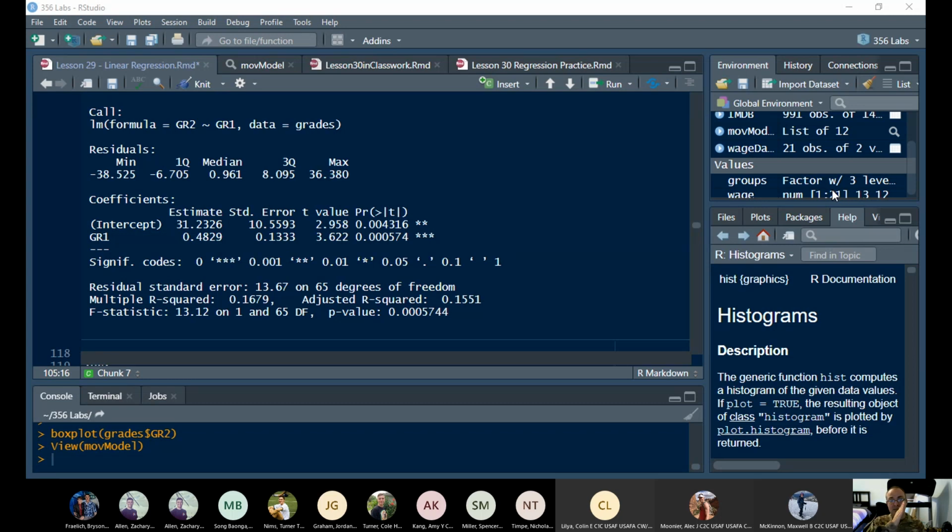That's going to end up being beta naught hat plus beta 1 hat X equals Y. And because of our X and Y, what we're really saying is beta naught hat plus beta 1 hat times the budget will give us an estimated average value of the revenue for that X.